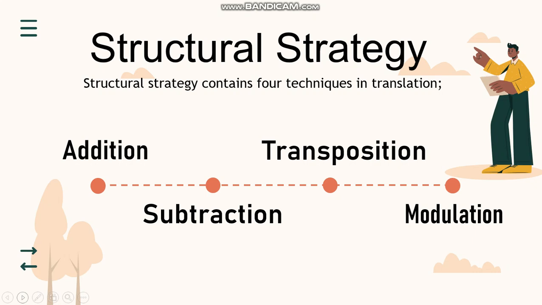This technique is translating the source language by taking a different point of view from the writer of the source language. It is a strategy of translating phrases, clauses, and also sentences. Of course, we also will discuss it in another slide later.